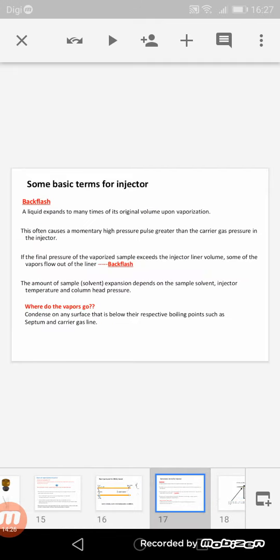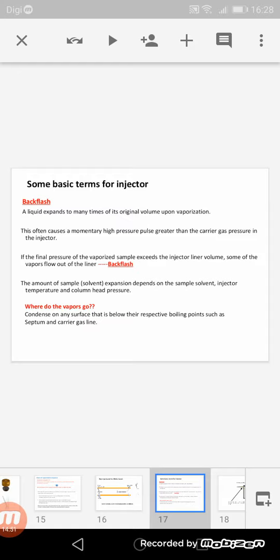Some basic terms for the injector we will use is backflush. So what is backflush? The liquid expands to many times its original volume upon vaporization. This often causes high pressure, greater than the carrier gas pressure in the injector.